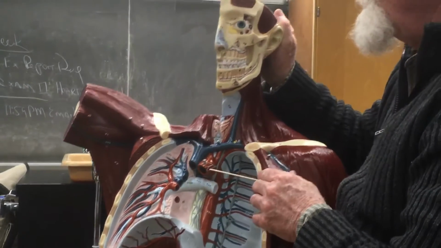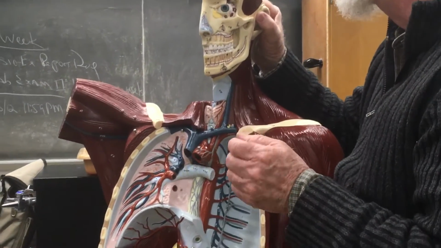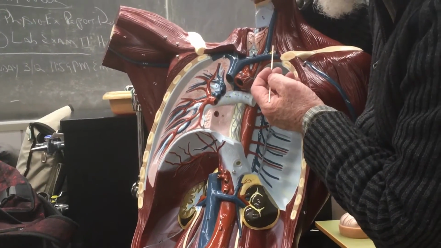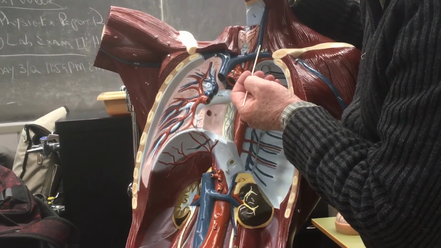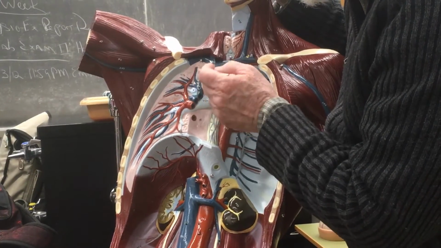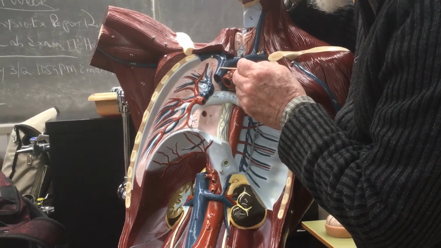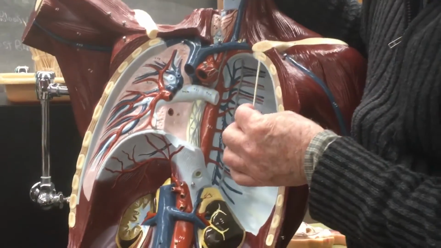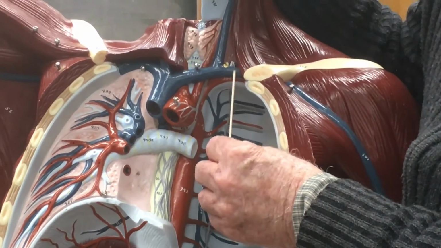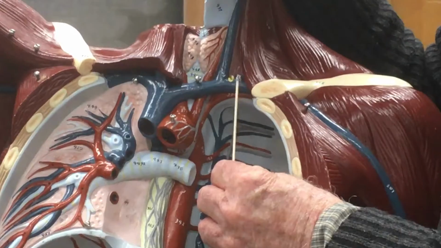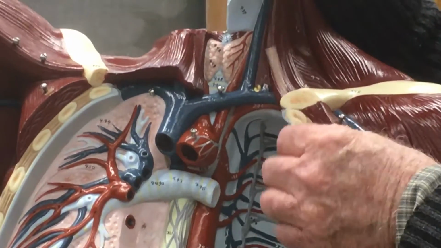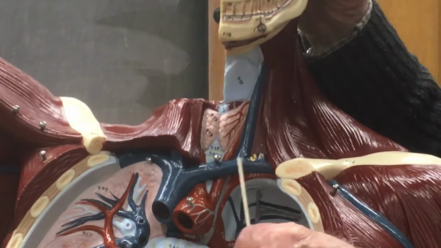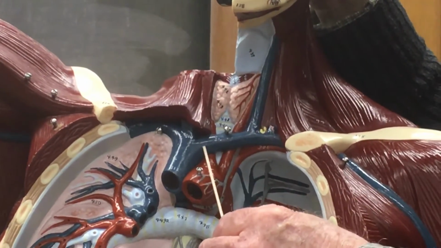Now, this is the superior vena cava. Okay. This is the subclavian. This is the jugular. Where they come together, it is the brachiocephalic vein.